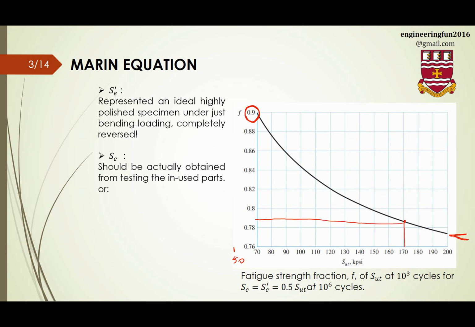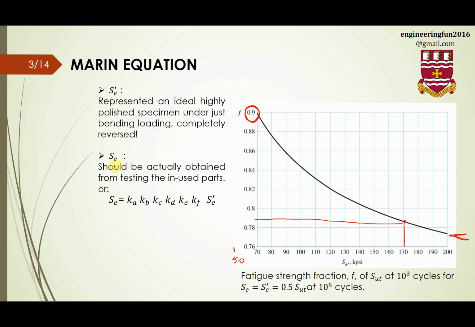When we know SE prime, we can find SE based on that SE prime. The equation that relates SE to SE prime is called the Marin equation. This is the Marin equation: SE prime times a couple of factors, which ends up giving SE, the endurance strength.